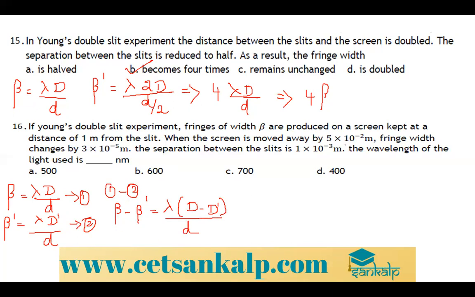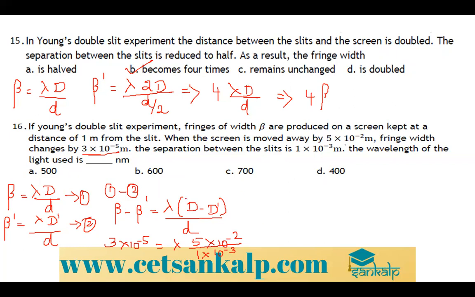But they have given the change in fringe width, so we take it as delta beta. So 3 into 10 to the power minus 5 is equal to lambda. You have to find D minus D dash, which is 5 into 10 to the power minus 2, divided by 1 into 10 to the power minus 3.